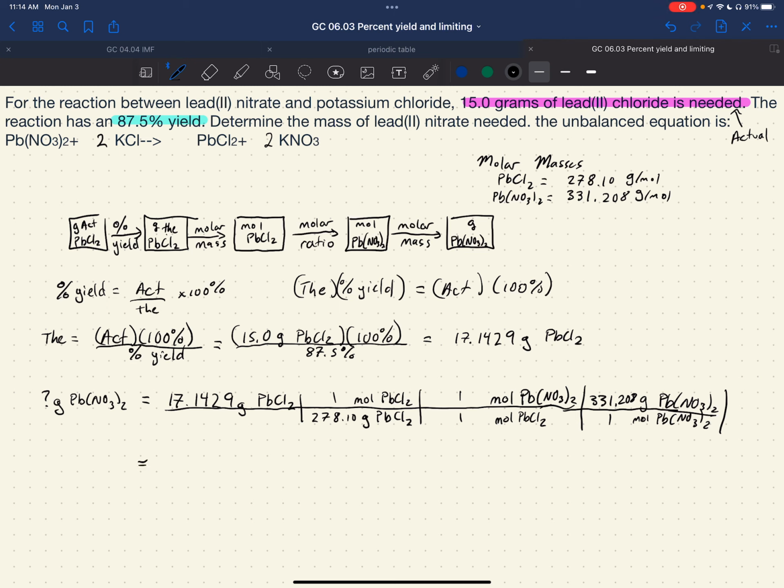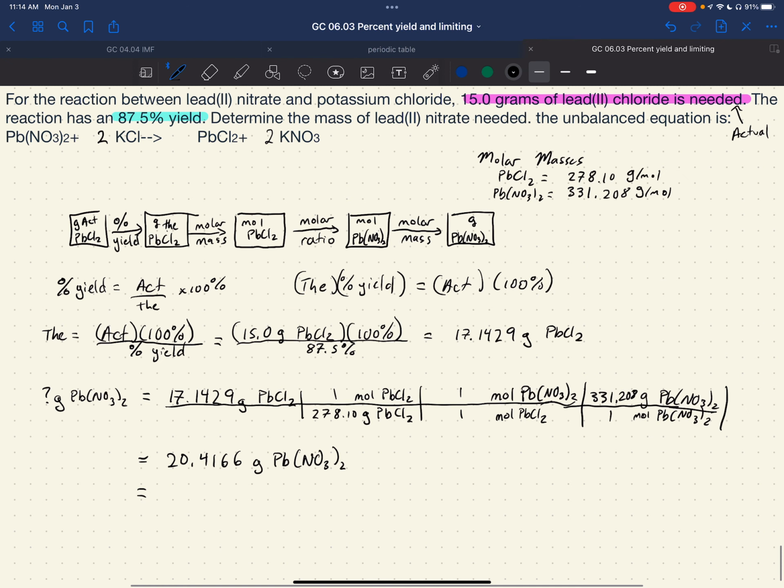And now when I do this, my answer is 20.4166 grams Pb(NO3)2.